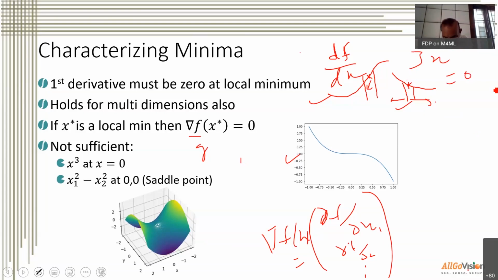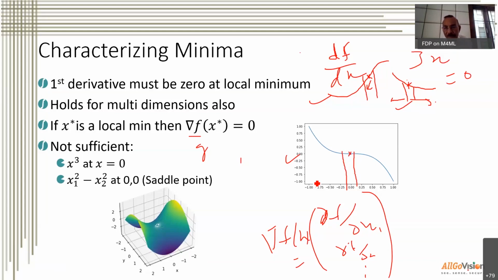So although the derivative at this point is 0, clearly it's not a minimum, because if I take any strip around it, this point is not the minimum. There are points which are below this and points which are slightly above this. So that's the reason this is not sufficient.